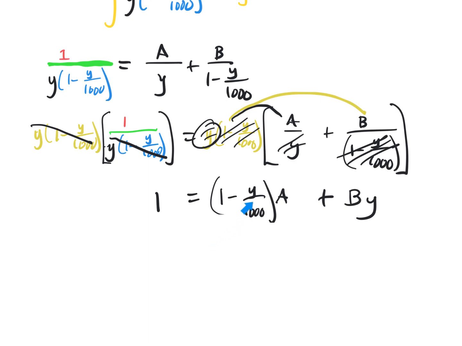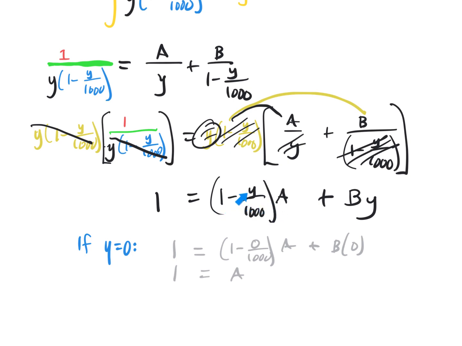Recall that we now choose y values which will make each term cancel out by being 0. So let's let y equal 0 first. Substituting a 0 in for y, we get 1 equals 1a plus 0. 1 is equal to a. And now we're going to find what b is equal to for this partial fraction decomposition by forcing this term to be 0.